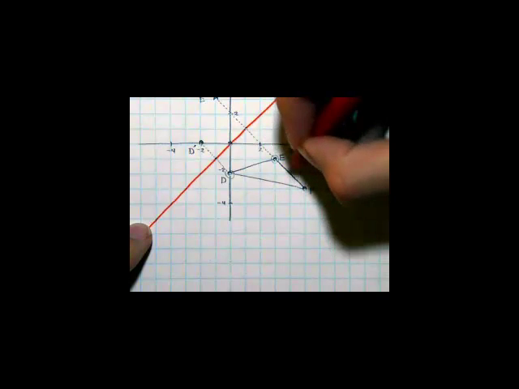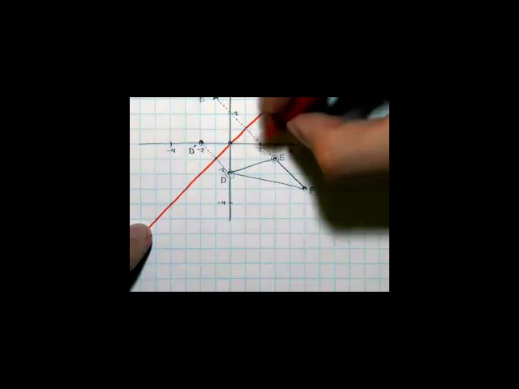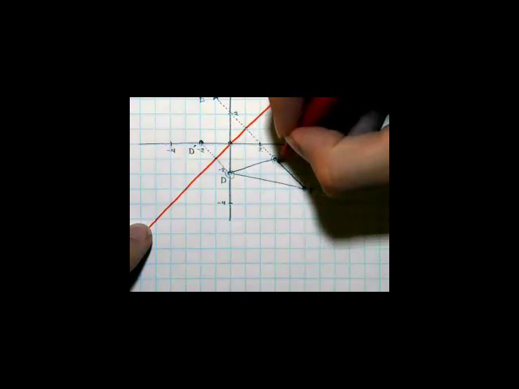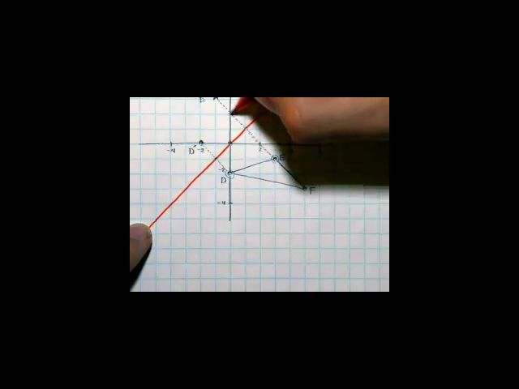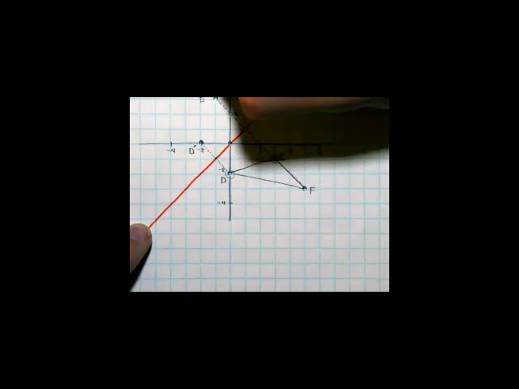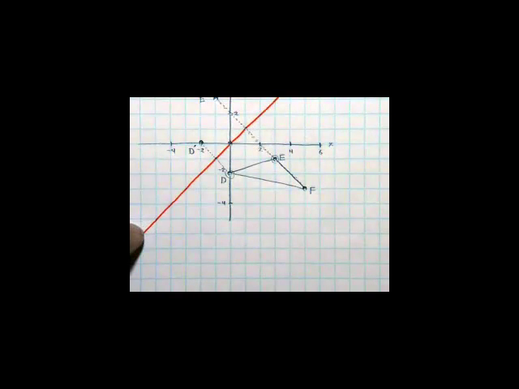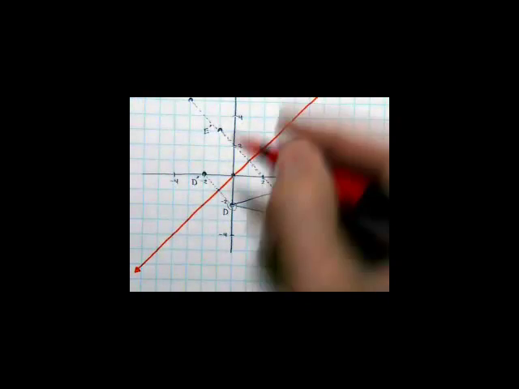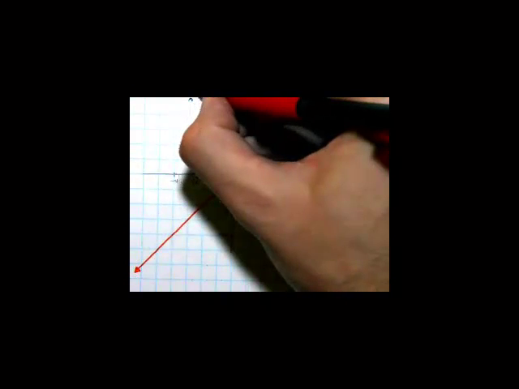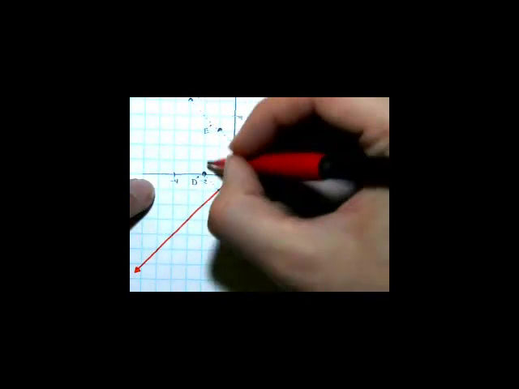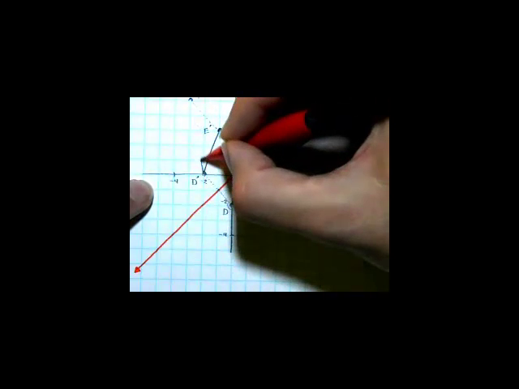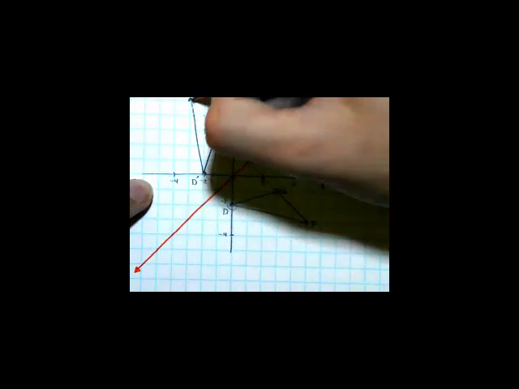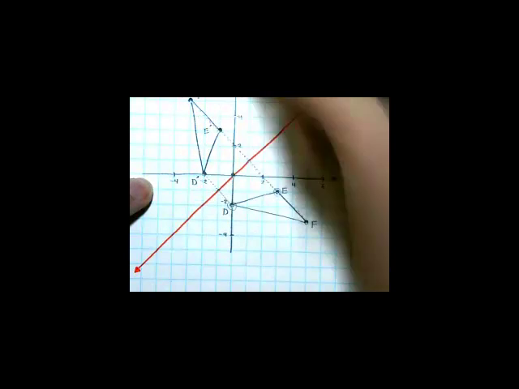And I'm actually tracing the same line this time, right? 1, 2, 3, 4. So 1, 2, 3, 4. There it is. It's up there. It's not a translation. Nope. It is a reflection still.